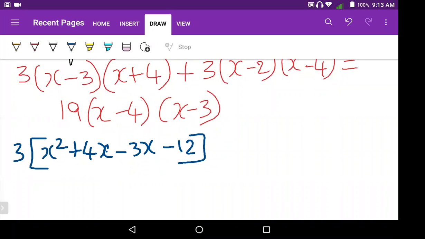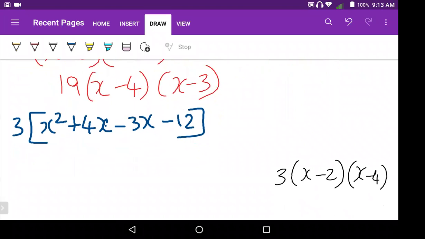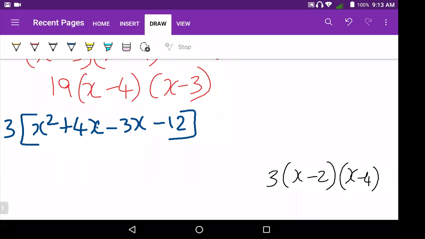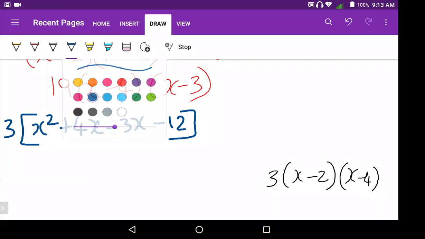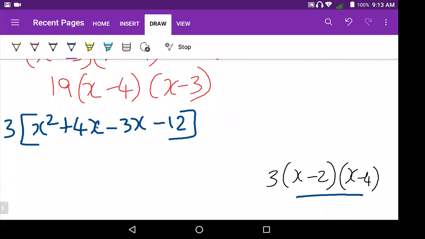Now let us take the next expression. Let me write down the next expression here for you: 3 into x minus 2 into x minus 4. So this is the next expression that we have. Again we'll multiply these two expressions.